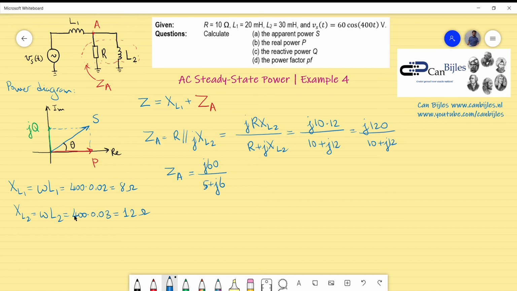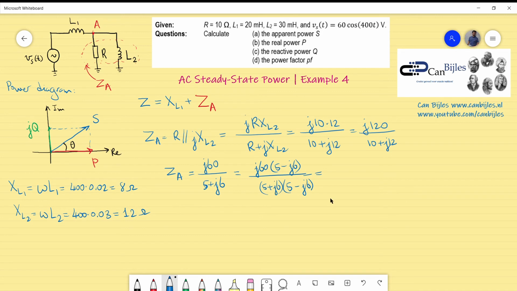And if I now use again the complex conjugate of this term, and multiply both the numerator and the denominator, I will get the following: j60 times 5 minus j6 divided by 5 plus j6 times 5 minus j6. That's what you do to have a real expression in the denominator.